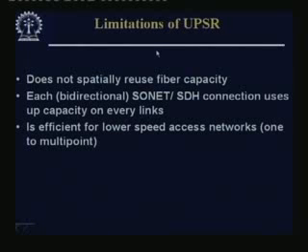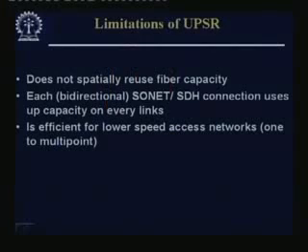So, there are some limitations of UPSR. It does not spatially reuse the fiber capacity. Since this is unidirectional, even if two nodes are side by side, but if they are in the wrong direction, then it has to come all the way through.